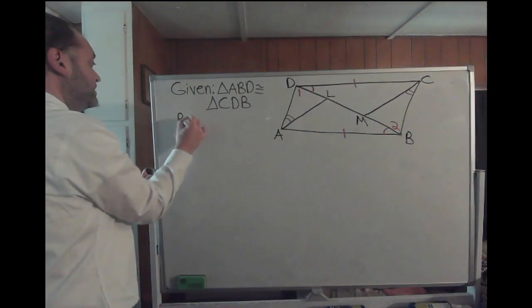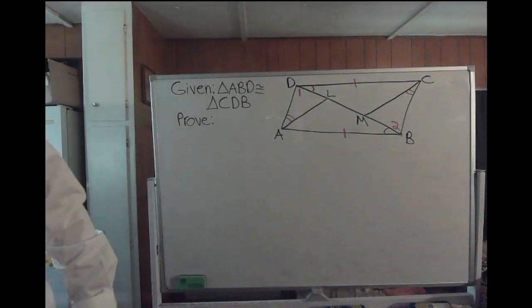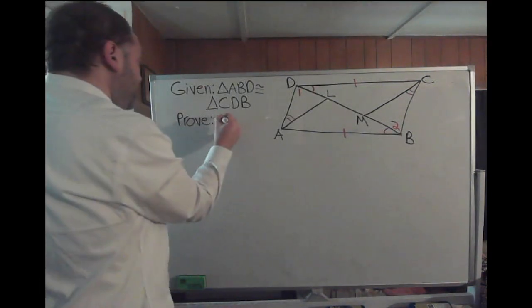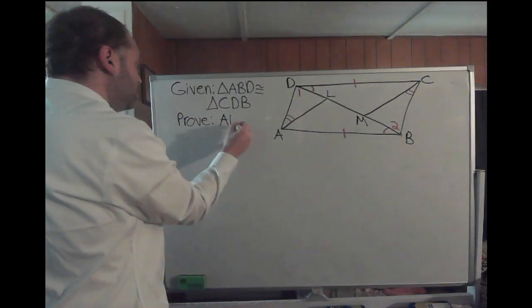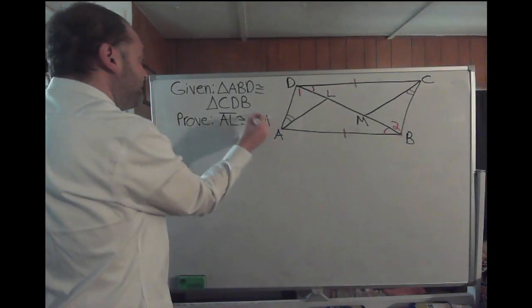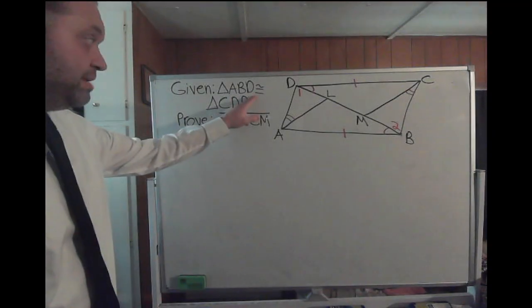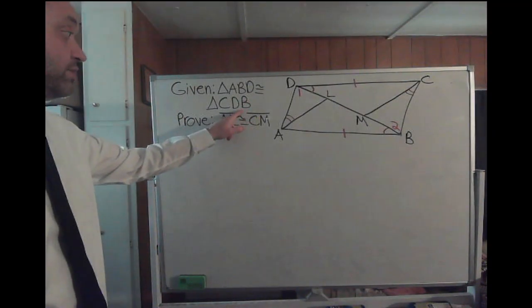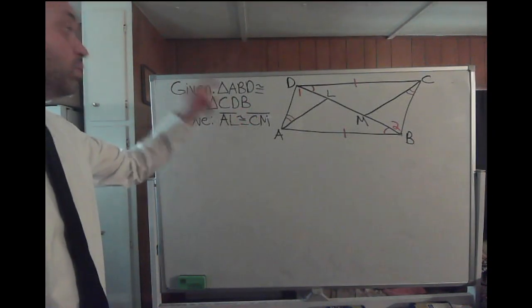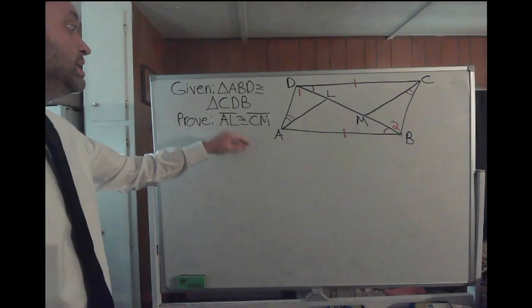What we ultimately are seeking to prove out of this is that AL is congruent to CM. Alright, so we've been given that triangle ABD is congruent to triangle CDB. We now have to prove that AL is congruent to CM.